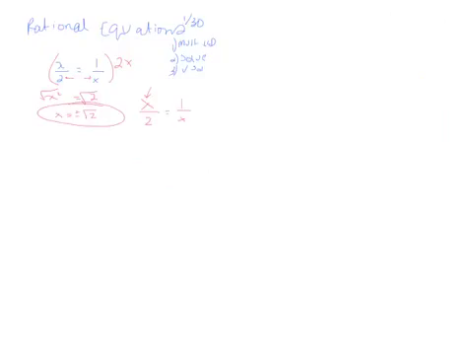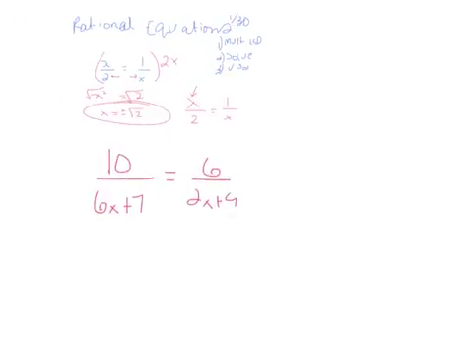So let's continue this discussion and let's look at something such as this. 10 divided by 6x plus 7 is equal to 6 divided by 2x plus 9. Okay. On the left-hand side and the right-hand side, is anything going to be factoring here? No. Now, a cool trick that you might remember is called the cross product.